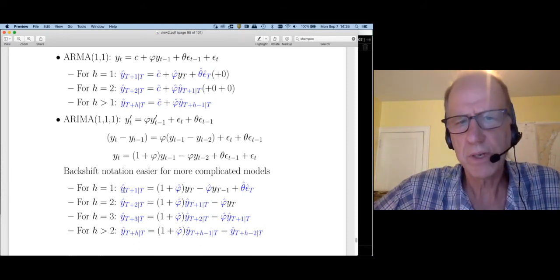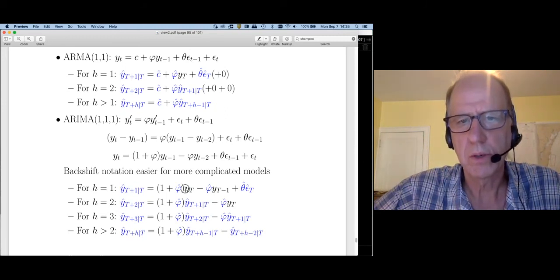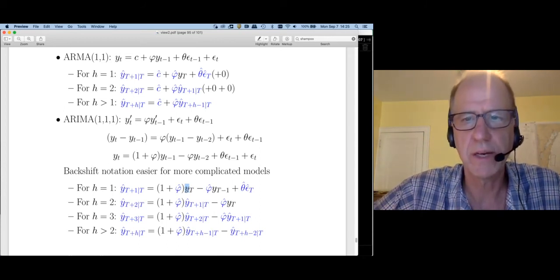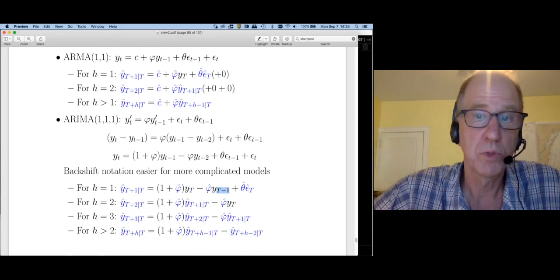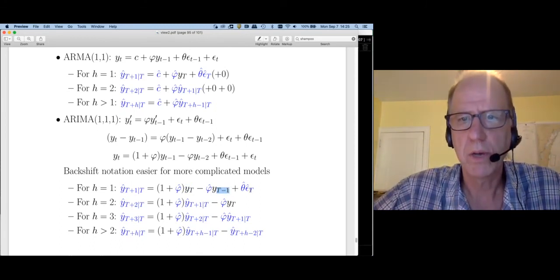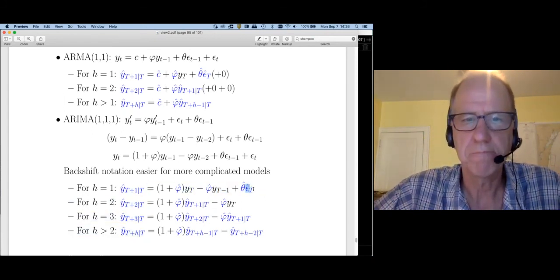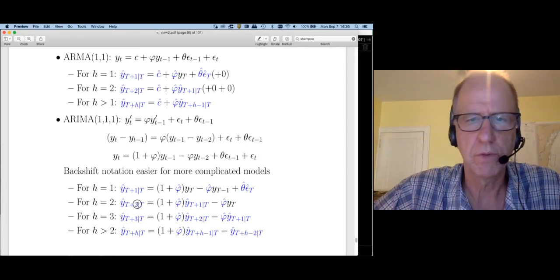If we want to forecast the value 1 period into the future, we will be using the observed value of y big T. That's the previous period, and we've actually observed that. Likewise, we've observed the value for 2 periods back. We also have the error 1 period back. So if we're 1 period into the future, the error 1 period back would be epsilon hat sub T. What if we want to go 2 periods into the future?